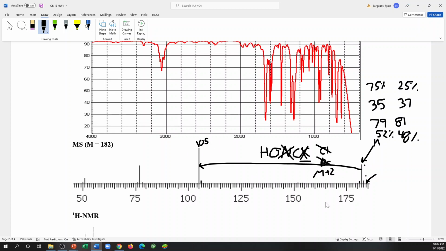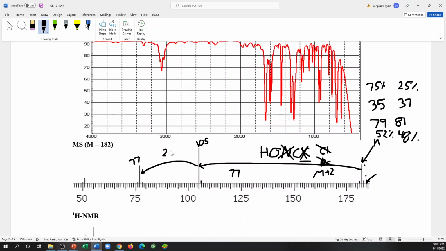Remember, in mass spec, you ionize your molecule and then it shatters. The unshattered molecule is the molecular ion peak, and the other peaks represent the fragmentation. To get from the molecular ion peak to 105, you had to lose 77 units of mass. Then the 105 shattered to produce something that weighed 77. That's where that peak is showing up.